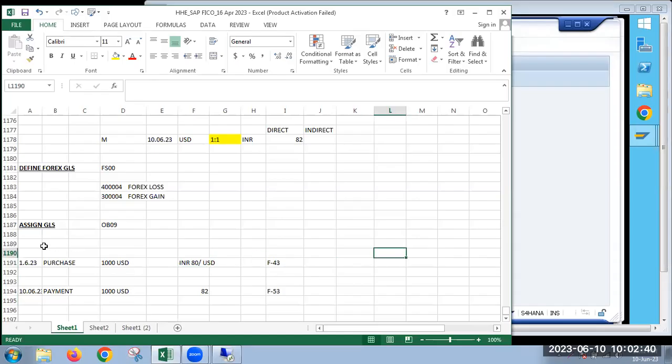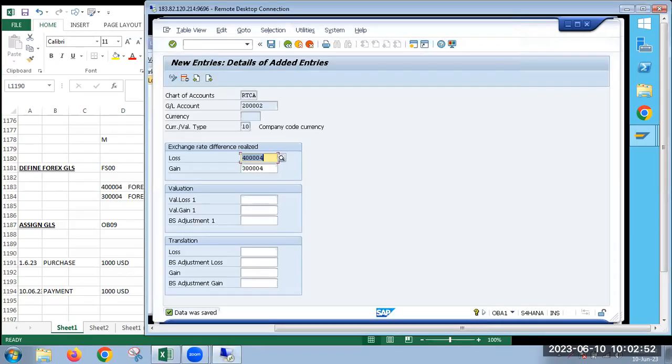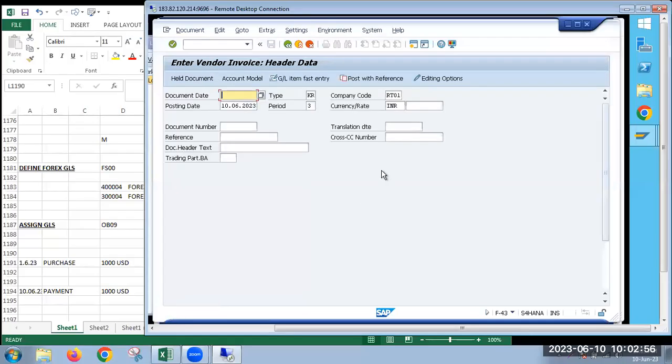So we'll go for transactions. With one date, we can specify, or we can go for a transaction with one rate. F-43. At the header level, we can have currency, rate, and translation date.